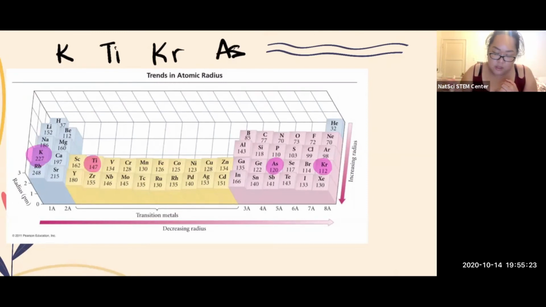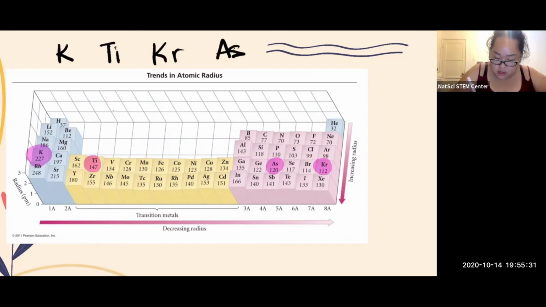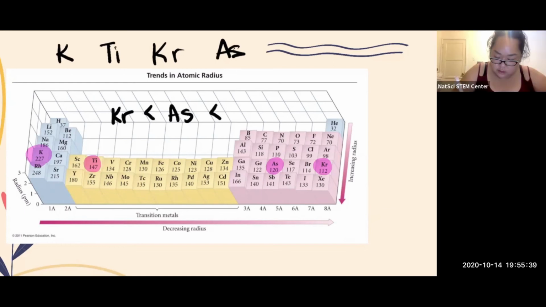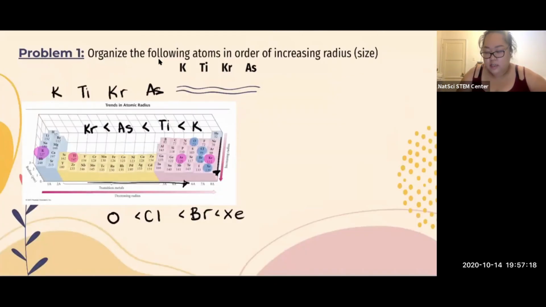How would you rank this? Kr is smaller than At, which is smaller than titanium, which is smaller than potassium. Yep. I probably should have scrambled that more for you. So we're going to go on to the next periodic trend.